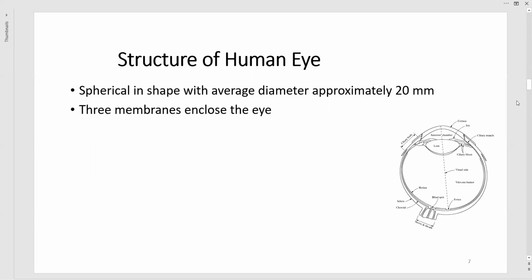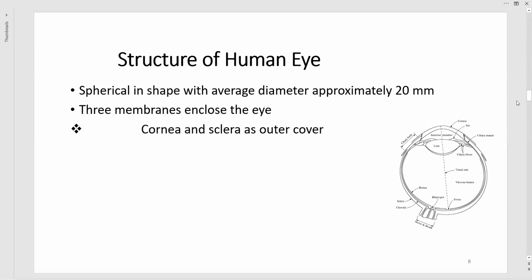When coming to the human eye, there are three membranes which enclose the eye. The very first of them are the cornea and sclera, and these form the outer cover.